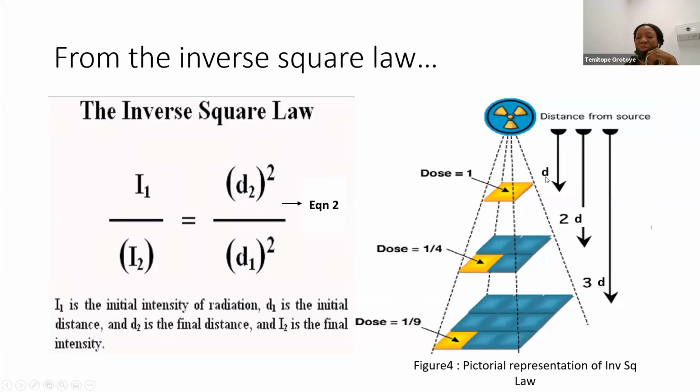It will be inversely proportional to the square of the distance. When it is 2 centimeters, the radiation dose is expected to be 1/4, because that will be 1/2 squared. And when it is at 3 centimeters, and so on. So as you move away from a point source, the radiation is expected to be inversely proportional to the square of that distance.